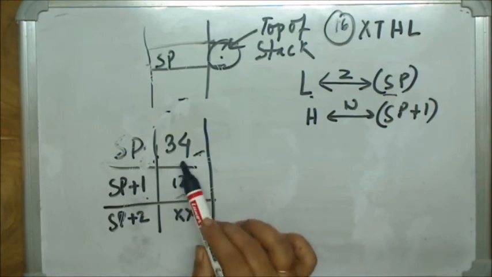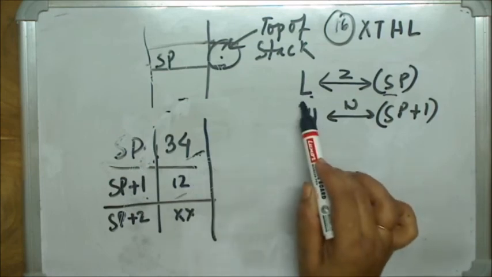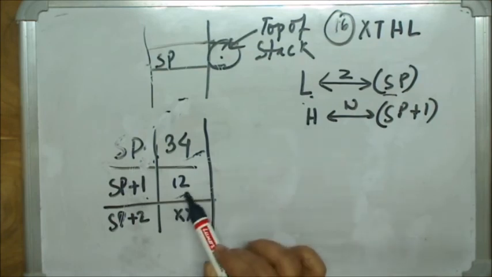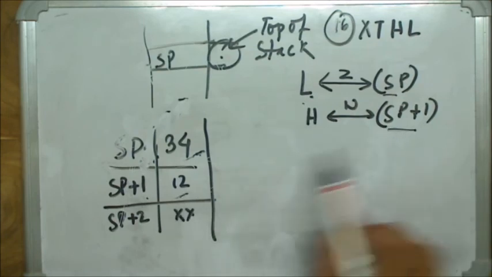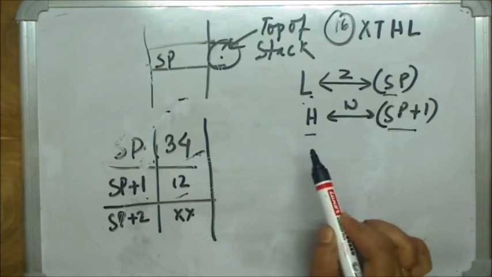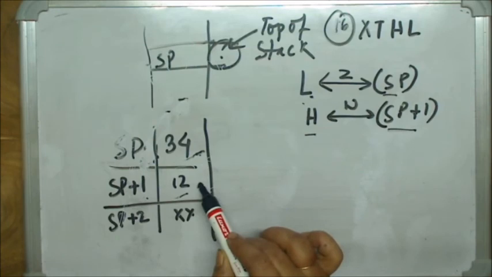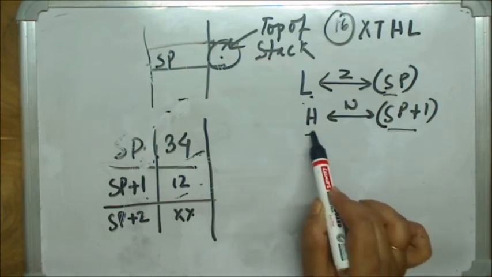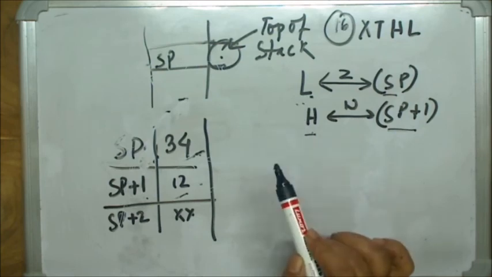So the lower byte address data will be exchanged with register L, and the higher byte, that is the content of SP plus 1, will be exchanged with the higher byte register. That is, 12 will be exchanged with the data of register H, and 34 will be exchanged with the data of register L.